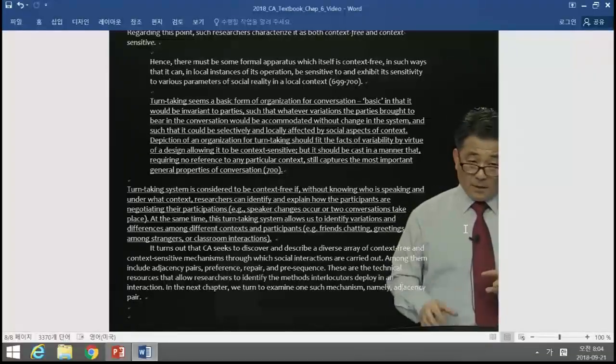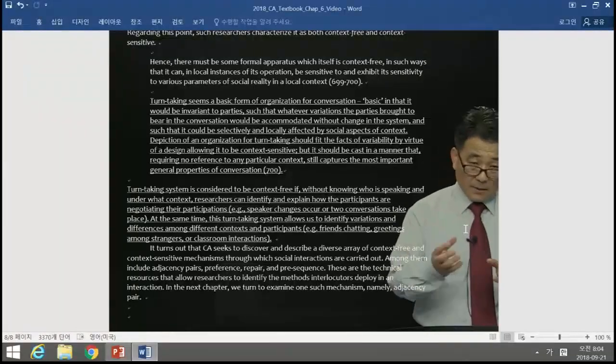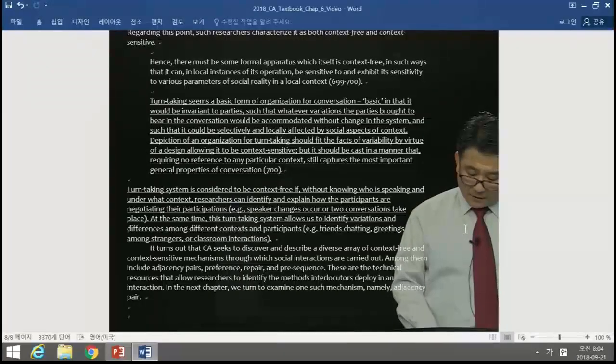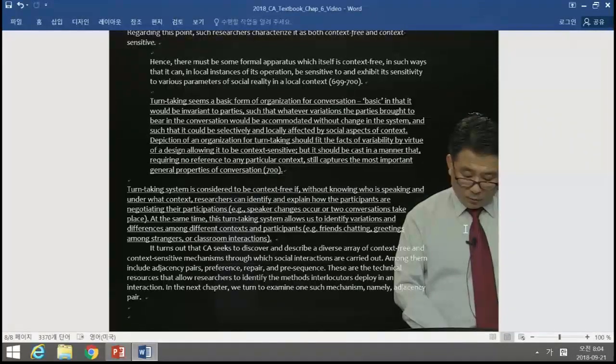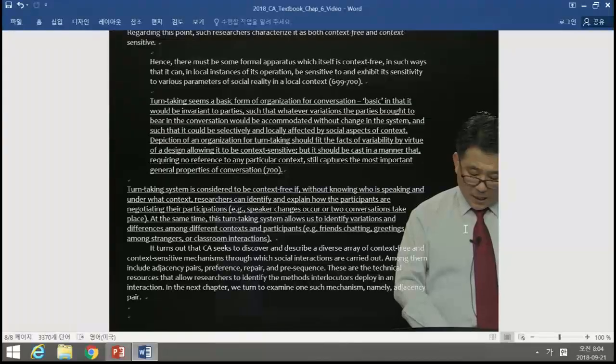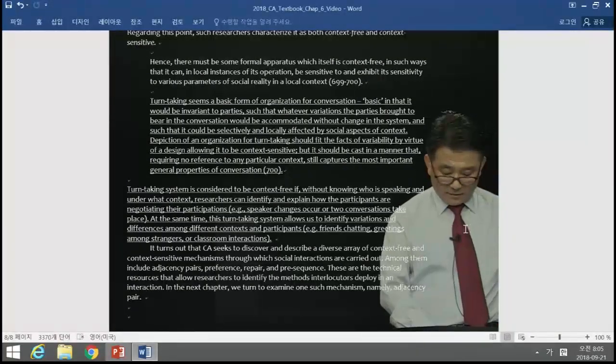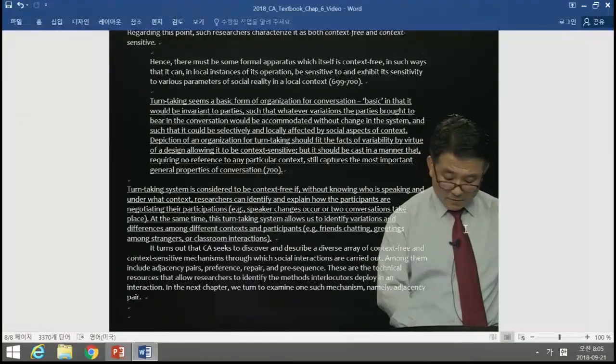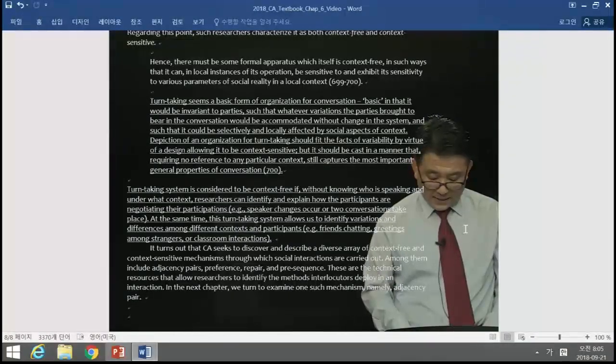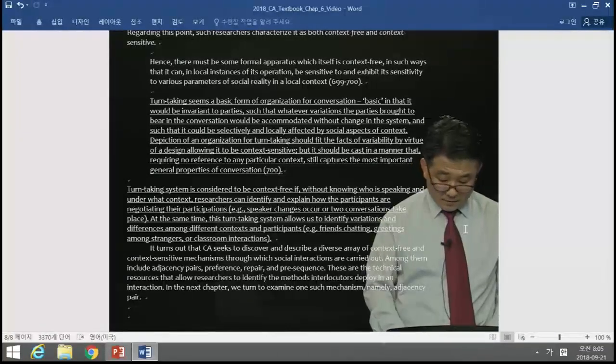So in that sense, it is context-free and at the same time context-sensitive. Here it says the turn-taking system is considered to be context-free if, without knowing who is speaking and under what context, researchers can identify and explain how the participants are negotiating their participation, for example, how speaker changes occur or how two conversations take place, and so on. At the same time, this system allows us to identify variations and differences among different contexts and participation: friends chatting, greeting among strangers, classroom interactions, and so on.